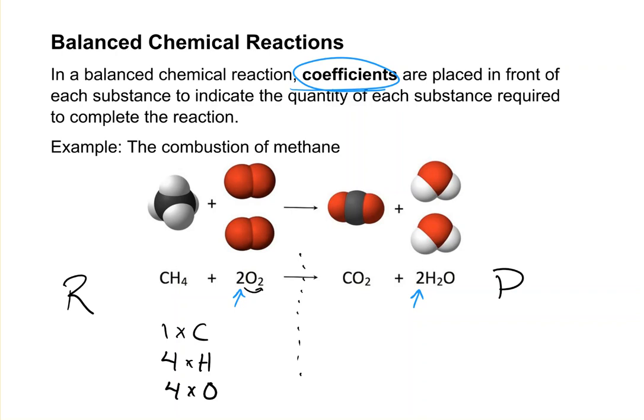Now when we compare that to the products, let's take a look at the products over here. We've got 1 carbon atom in the middle with 2 oxygen atoms to the side, and that's what's being represented in our chemical equation, CO2. We just got 1 CO2. So there's 1 carbon, there's 2 oxygens here, but then there's also 2 oxygens here.